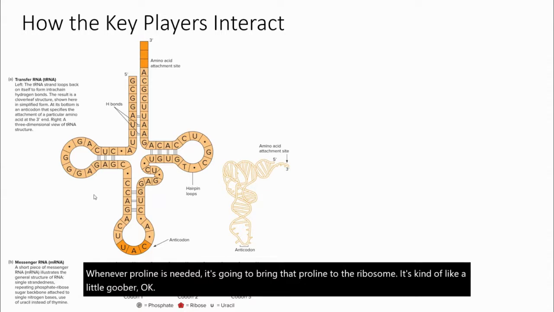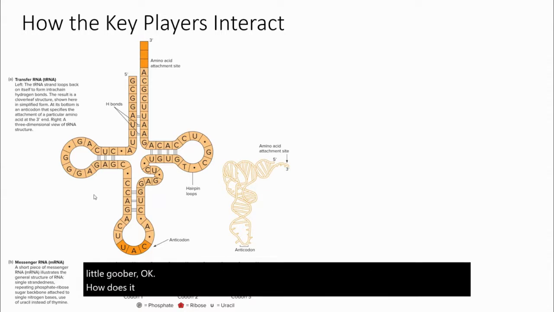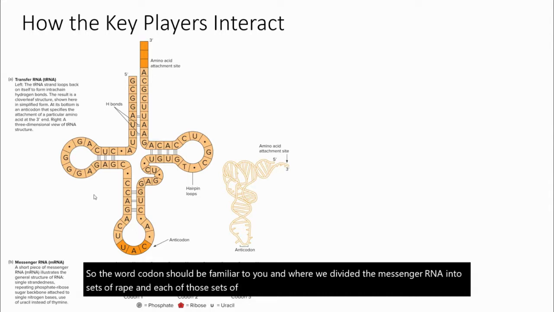Now, how does it know when proline is needed? Well, look at the very bottom of the structure. It has an anticodon. So the word codon should be familiar to you. Remember, we divided the messenger RNA into sets of 3, and each of those sets of 3 is a codon.